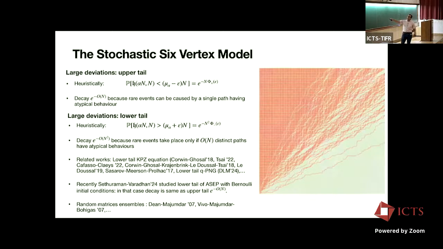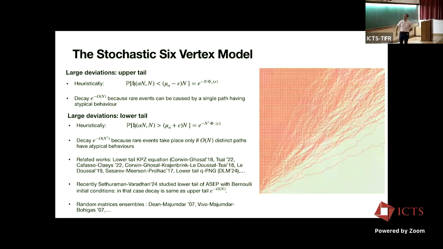In order to create an event where more paths go to the right, so the height needs to be much larger, meaning that if I look below, I need to see more paths than on average, this can only happen if order n distinct paths have atypical behaviors. So these lower tail events are much more unlikely to happen and also much more difficult to study.